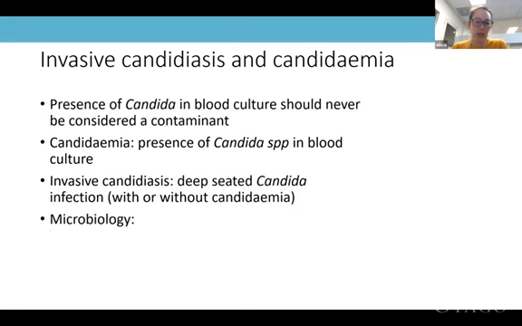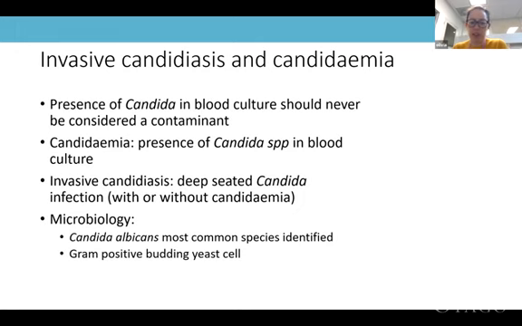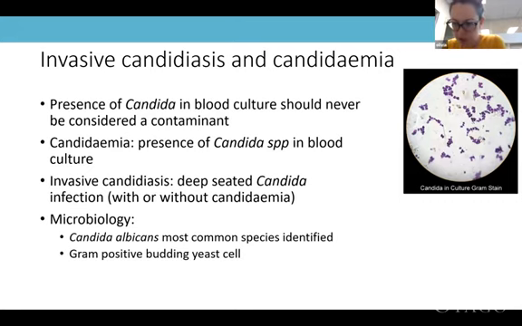So microbiology-wise, Candida albicans is the most common species identified, but there are a range of other different species. You might hear of them, Candida krusei, Candida parapsilosis, these types of things. It's a gram-positive budding yeast cell when you look at it under the microscope on the gram stain. So on the gram stain on the right here, you can see purple, gram-positive, and you can see these round individual cells.